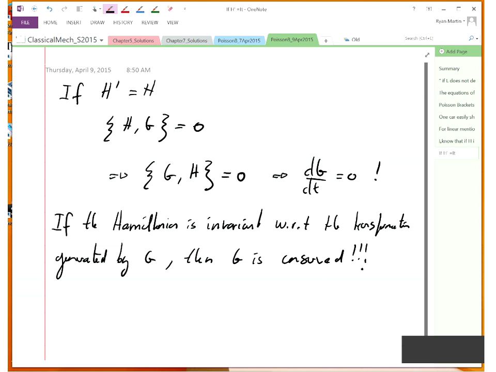That again is an amazing result. I can take some completely arbitrary function G. Out of that function, I can create this random transformation of the coordinates. Then I can check to see if the Hamiltonian has changed, and if it hasn't, then G is conserved.